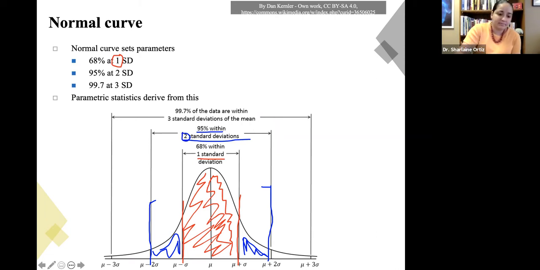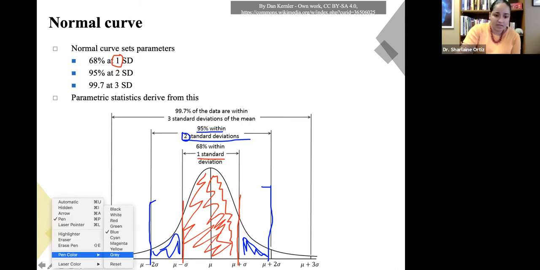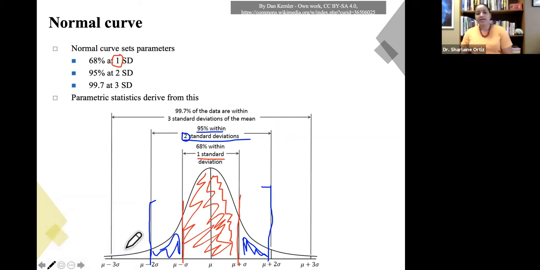Now, lastly, let's think about the next group. Usually I want you to notice how far we're moving from this mean, right? We're moving pretty far. This was 1 standard deviation, this is 2 standard deviations, and again, 1 and 2 standard deviations.